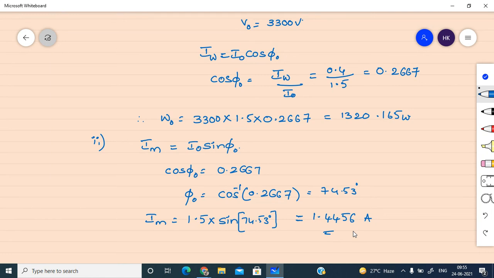And the third one, what do we have to find? The power factor of no load current. The power factor of no load current means cos phi naught. Under no load, the power factor is cos phi naught. So the cos phi naught value we already found, that is 0.2667.